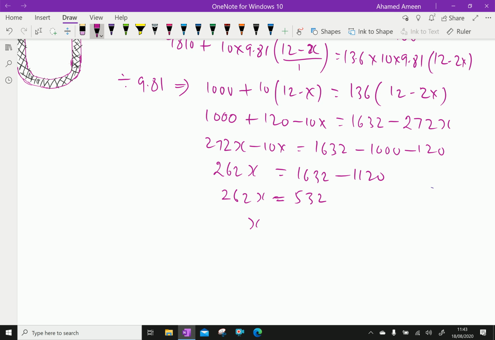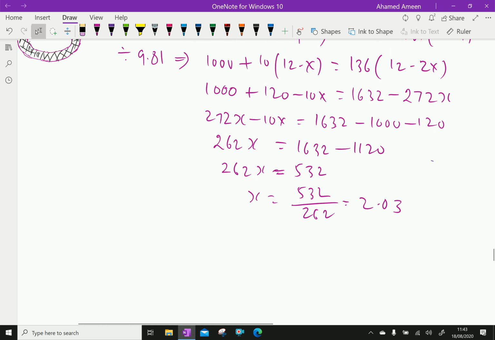Therefore, x equals 532 over 262, which equals 2.03. So x is 2.03.